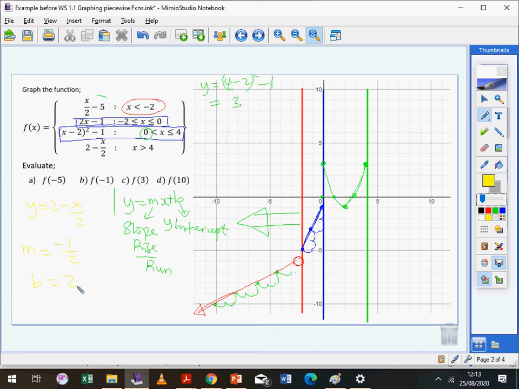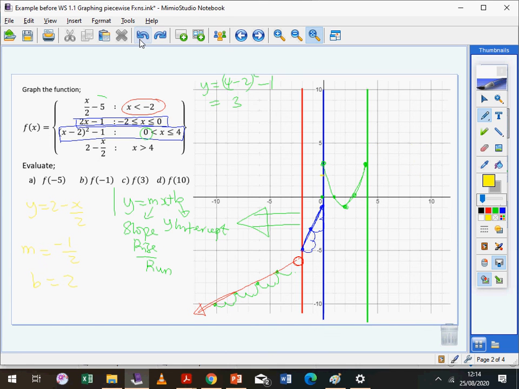So find the y-intercept, that is 2. 2 is right here. But keep in mind that this part of the graph, I'm only interested in the graph existing in this section, only that section. So whatever I do on the other side, I will take out.